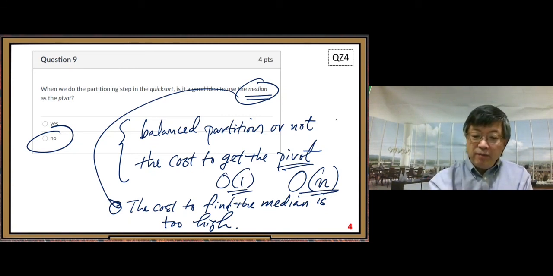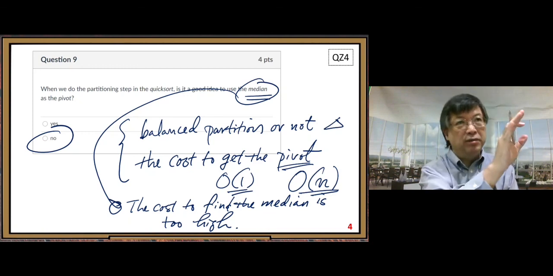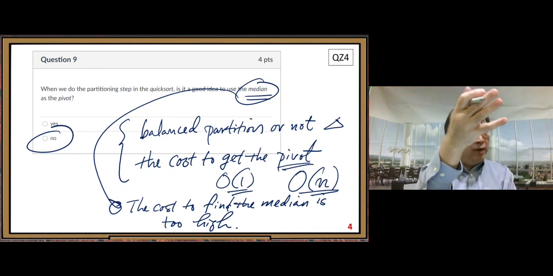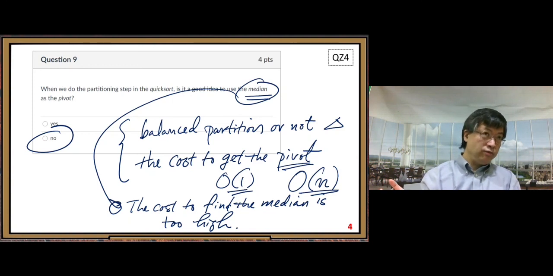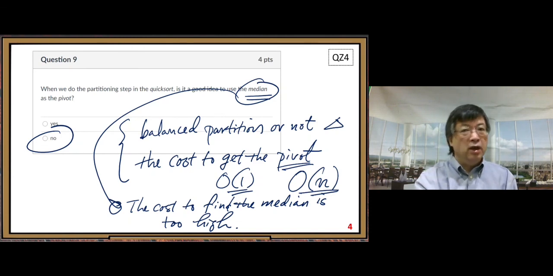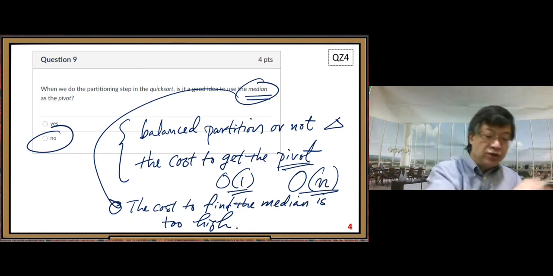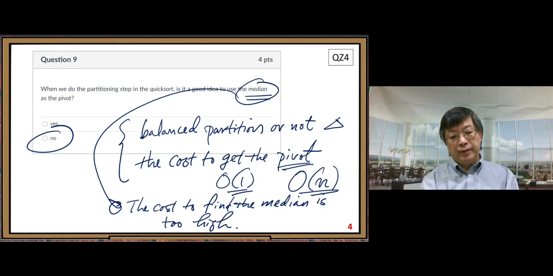Although that balanced partition is not as good as the median one, the overall cost is still much smaller. So that's the reason it's not a good idea. Nobody uses the median as the pivot. So that's the answer. All right, so we finish this second video for part A.